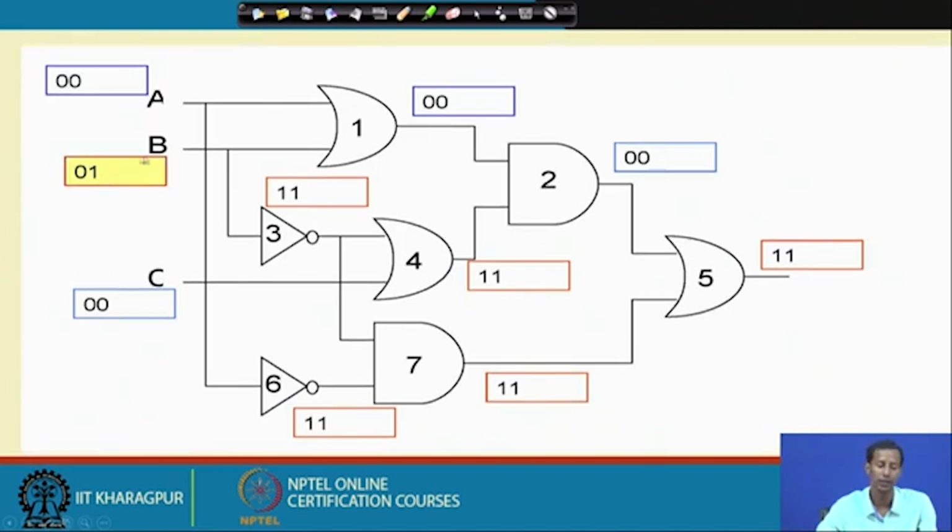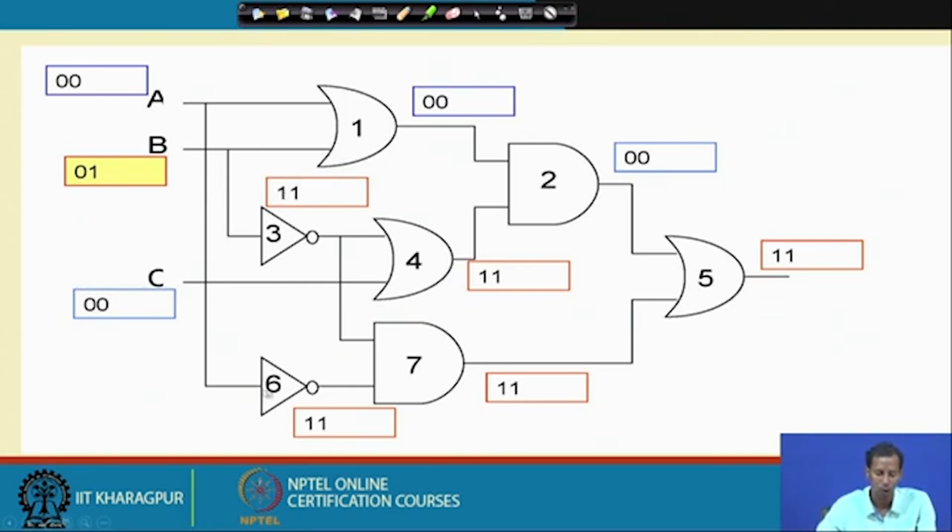Now, next, B is changed to 1. B changed to 1 means what? Initially this was 1. After some time this will be 0, but for that particular time, whatever the gate delay is, it will remain as 1 1.